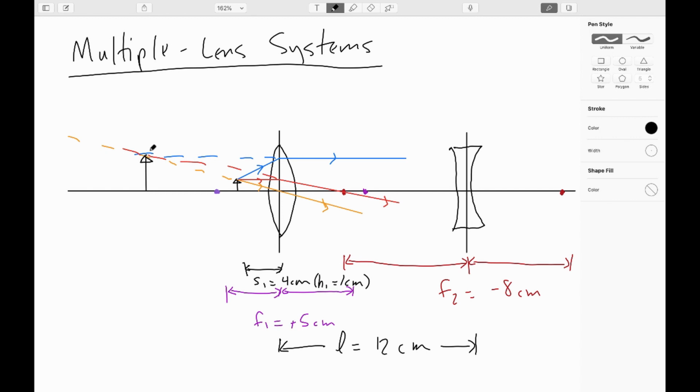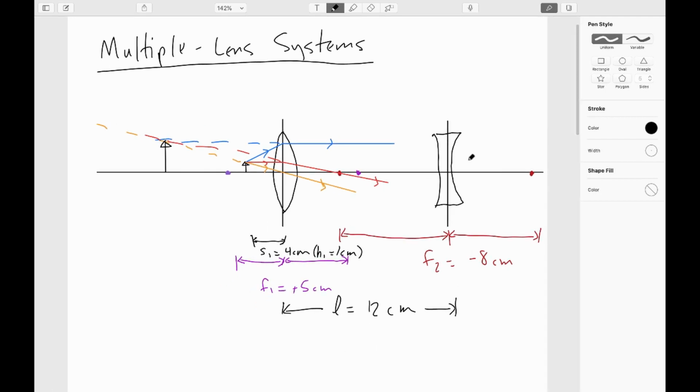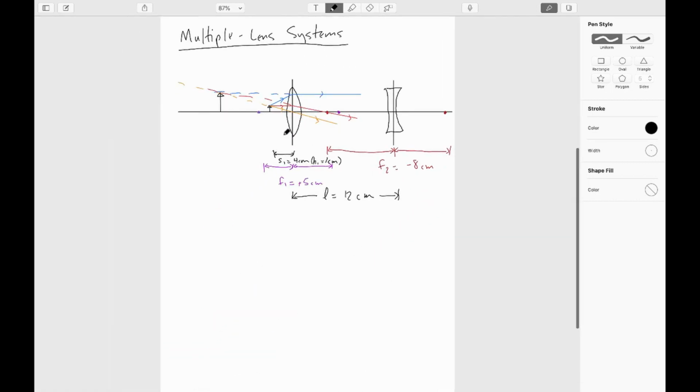All right. So now you pretend that the first lens never existed and that the object is just plain located where this intermediate image is. Oops, sorry about that.